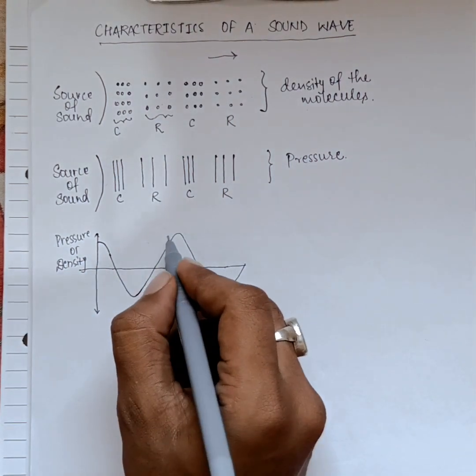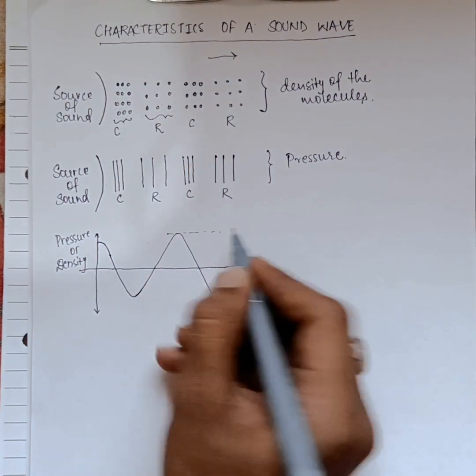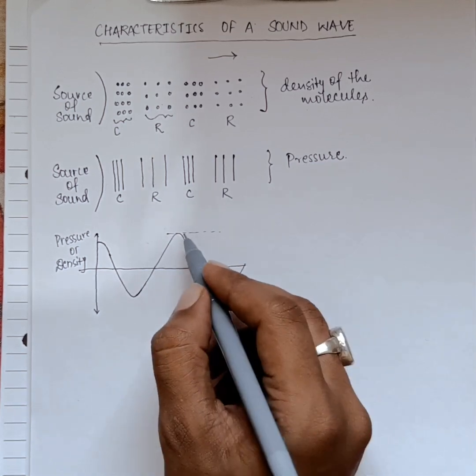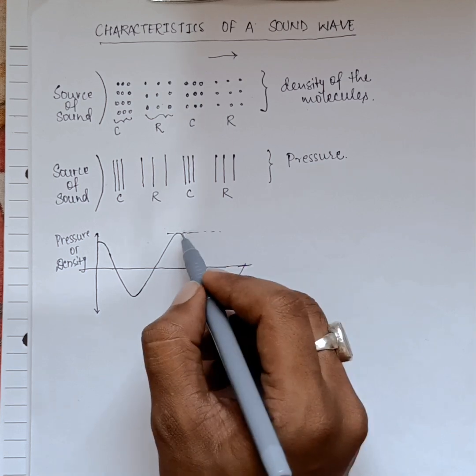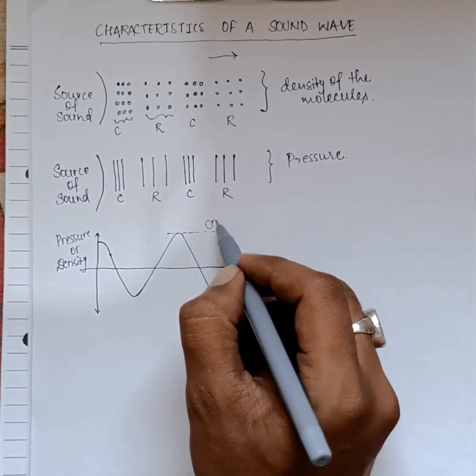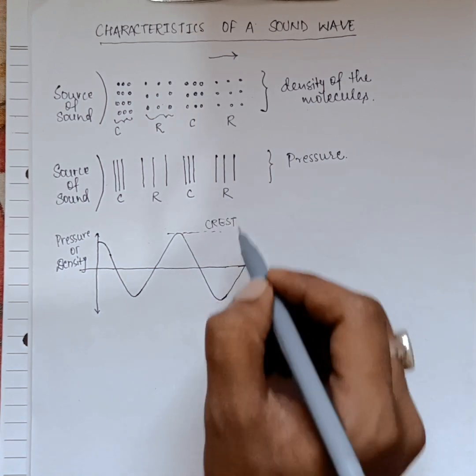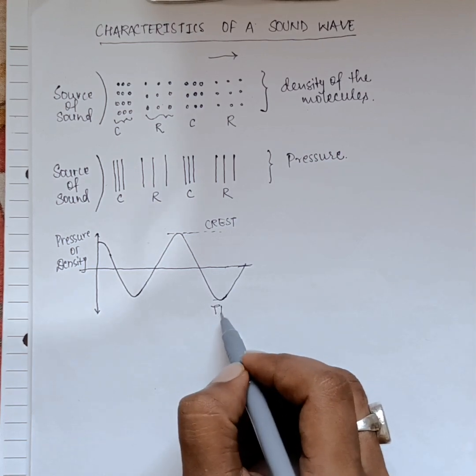Here, we have studied the part above the mean average line, and we have considered this maximum distance as the crest, and this is known as the trough.